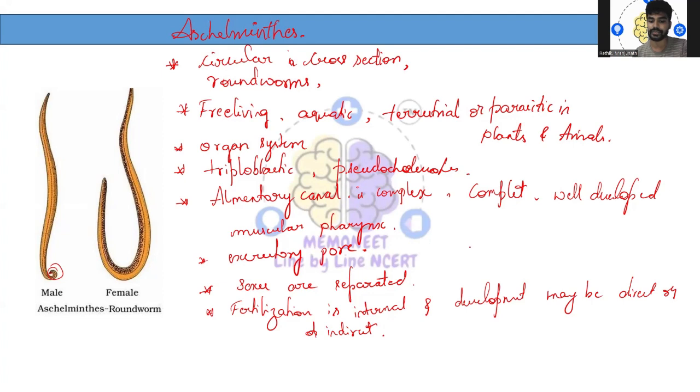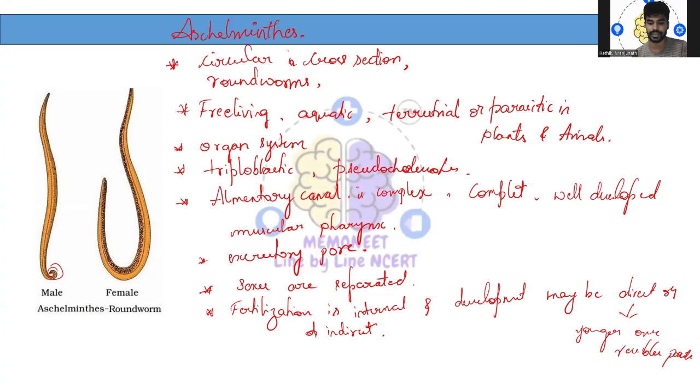Direct means the younger one basically resembles the adults or parents, right? If it is indirect, the initial stage will not resemble their parental stage. So this is all about Ascaris.